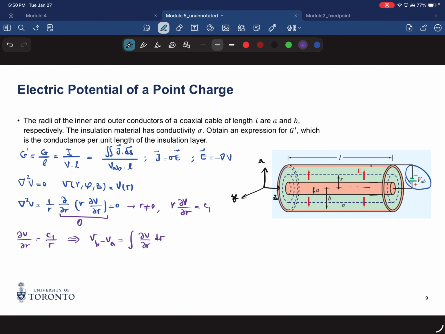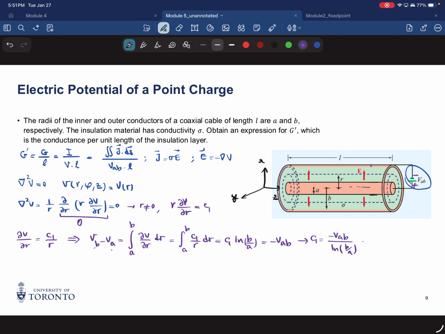And this is going from A to B. So this is the integral from A to B of C1 over r, dr. This is C1 ln of B over A. VB minus VA, since please notice the polarization here, that is minus VAB. So C1 must be minus VAB over ln B over A.